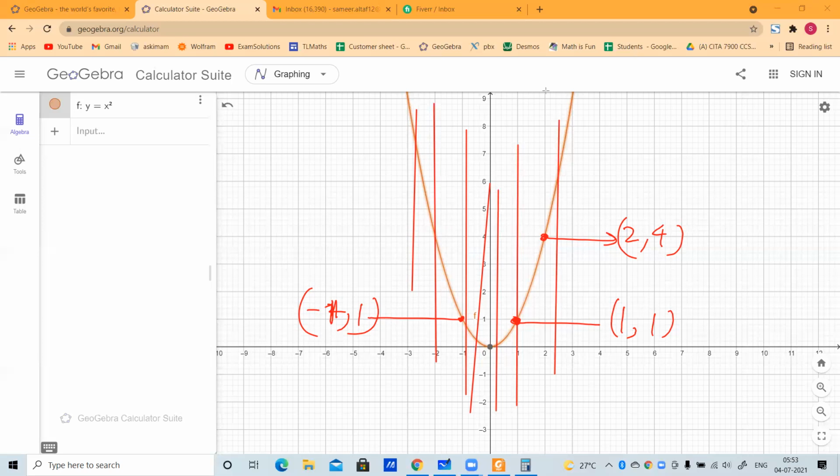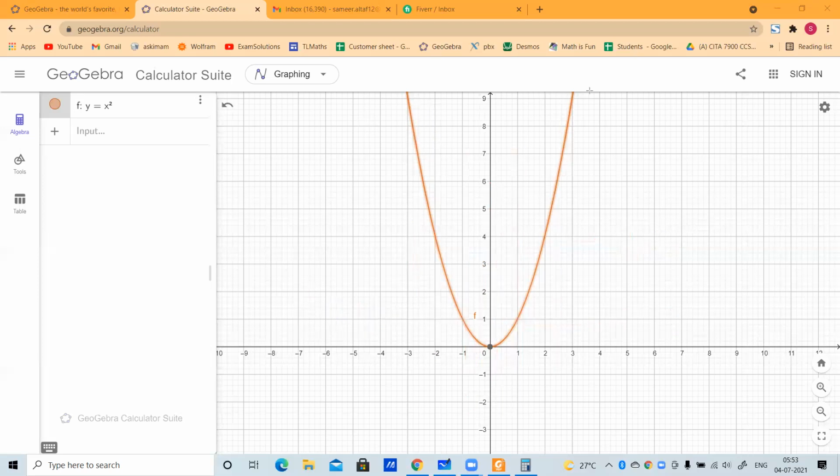Right. So if I'm having a graph like, for example, this red spiral type of thing, I'll again do the same thing.